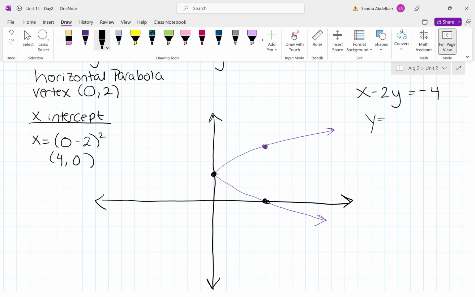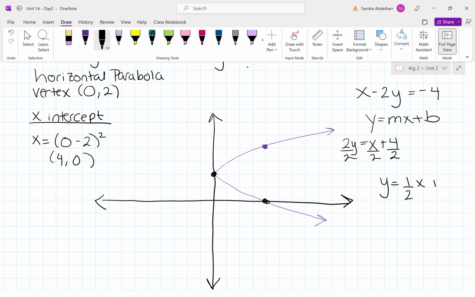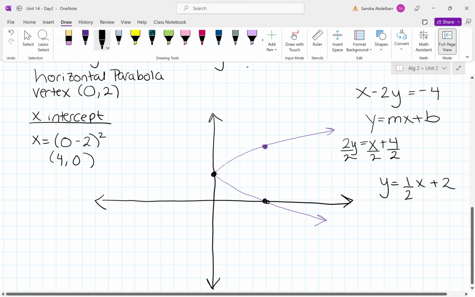When I say slope-intercept form, I want it to look like y equals mx plus b. I'll leave the x there. I'll add the 4 over, and then I'll add the 2y over. And then I'll divide by 2 under everything. So we're going to get y is equal to a half x plus 2. You're good? Okay.